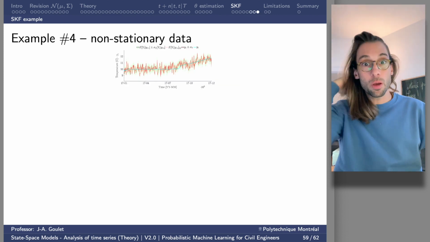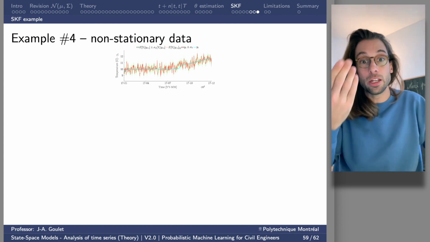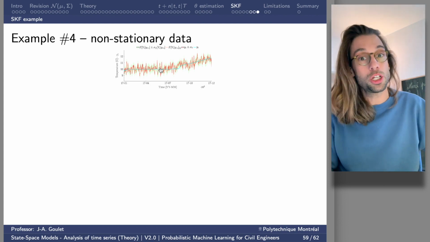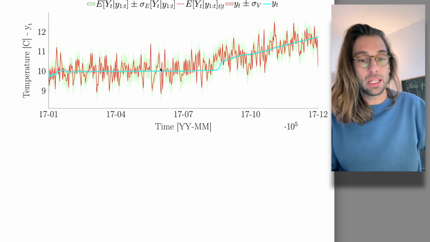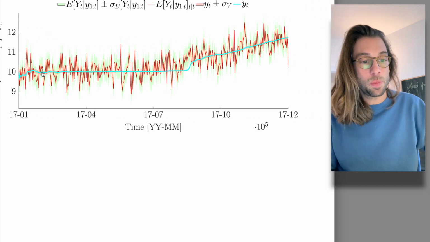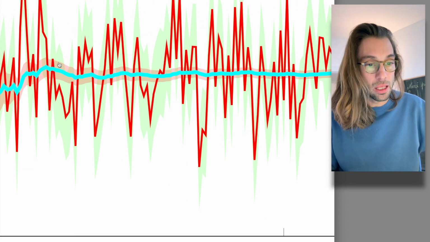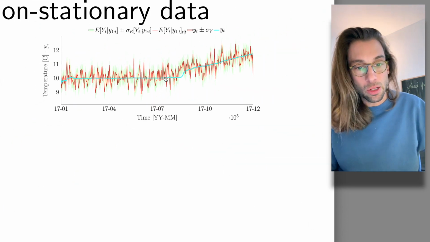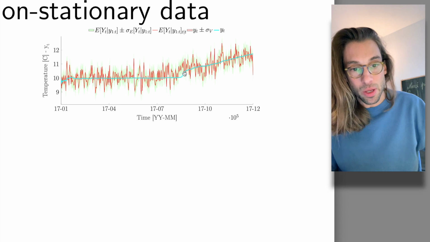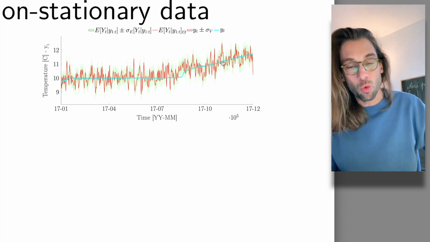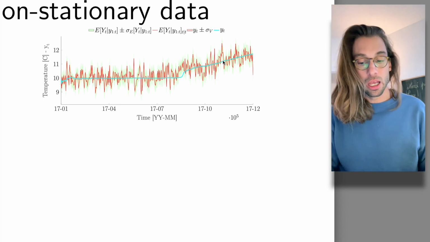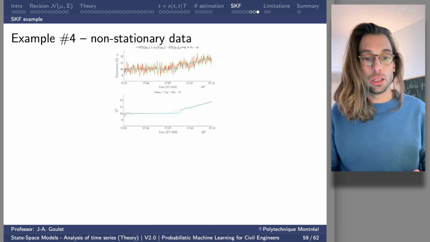Okay? So if we apply this model and the switching Kalman filter equations, we obtain this, with the expected value in cyan and the confidence interval in the red confidence region you can see here. You see that we need a couple of time steps to really capture the transition, but once we have the transition, it's really clear that we're adding a change in the regime.